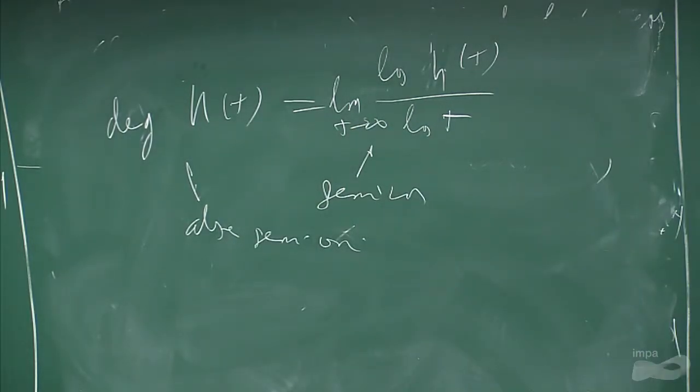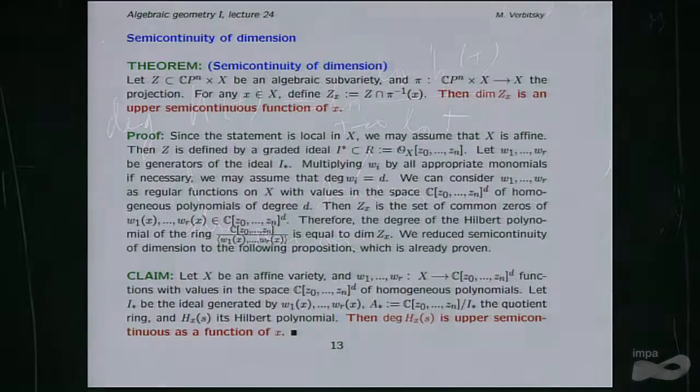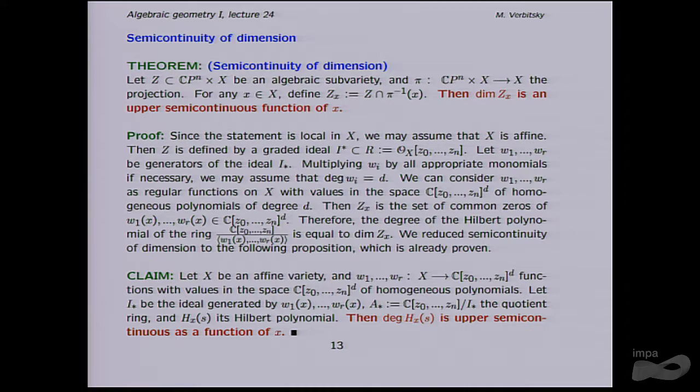Okay. Now let's finish with the theorem of semi-continuity of dimensions. So how do you do it? Again, we have this like last time, the same, I just copy-paste, there's nothing new. You have a projective subvariety which depends on a parameter.